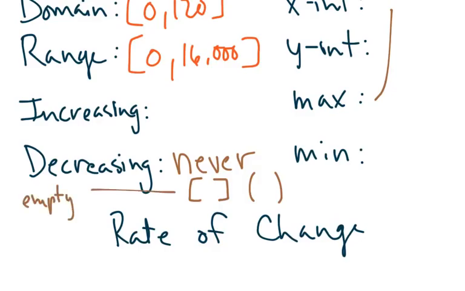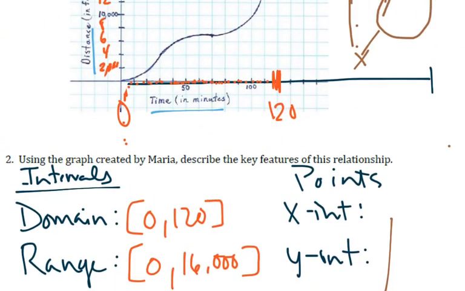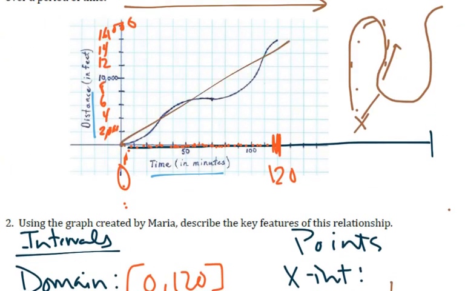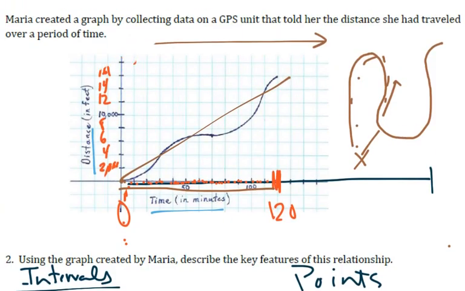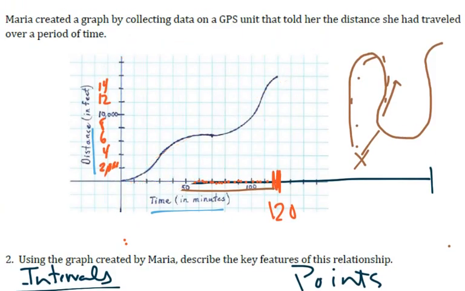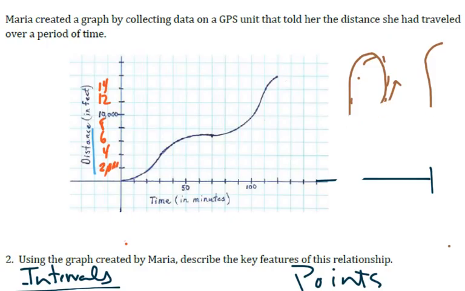I like to use the word never or none. Now increasing, we increase from here to the end. So just like with our domain, it's from 0 to 120 for that. Okay, I probably shouldn't erase those numbers.